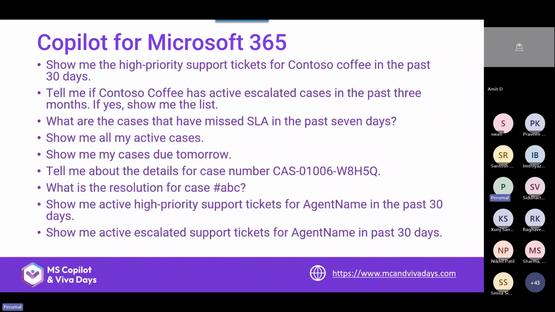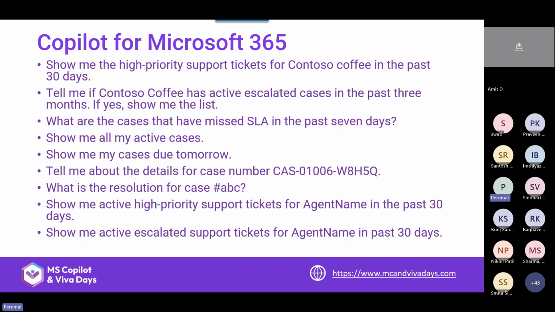So apart from this agent Copilot, we have Copilot for Microsoft 365 itself. Suppose you have Dynamics 365 for Service Copilot, and you have the license for Copilot for Microsoft 365, you can use Copilot for Microsoft 365 to directly query all the service ticket information, like show me all the high priority support tickets in the past 30 days, what is the SLA, what are the active cases, what are the cases which are due tomorrow, or you can query a particular case number and see the solution for that particular ticket.